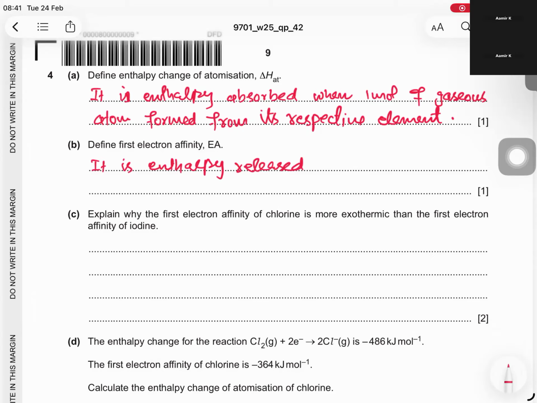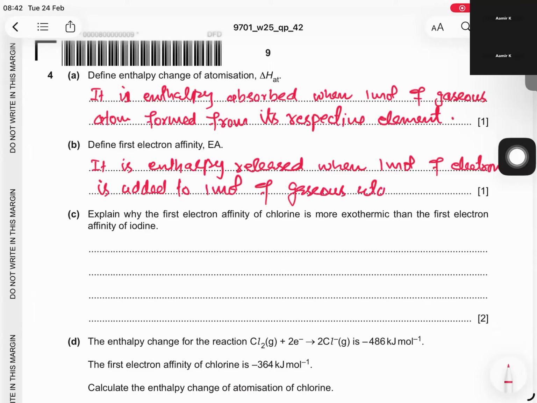So it is the enthalpy released when 1 mole of electrons is added to 1 mole of gaseous atoms, to make 1 mole of negative ions.